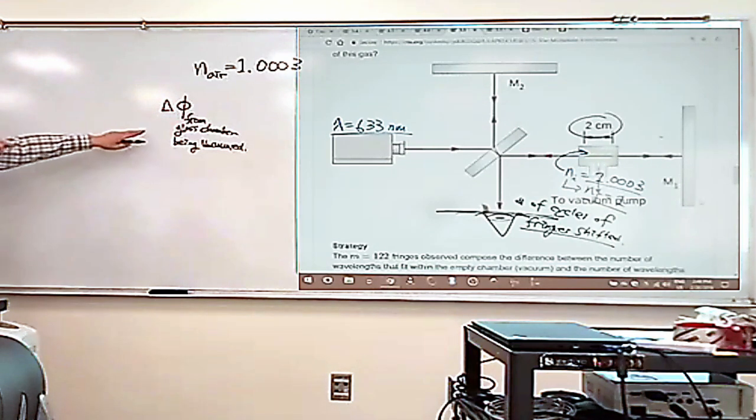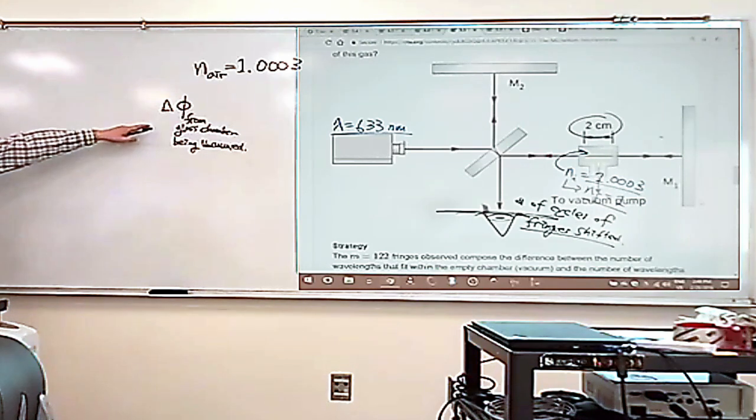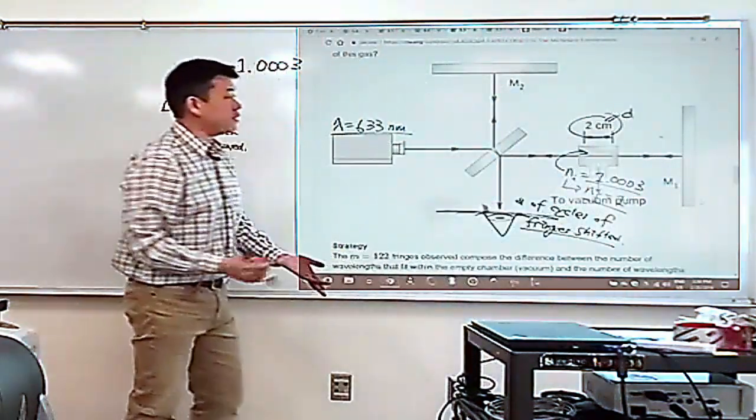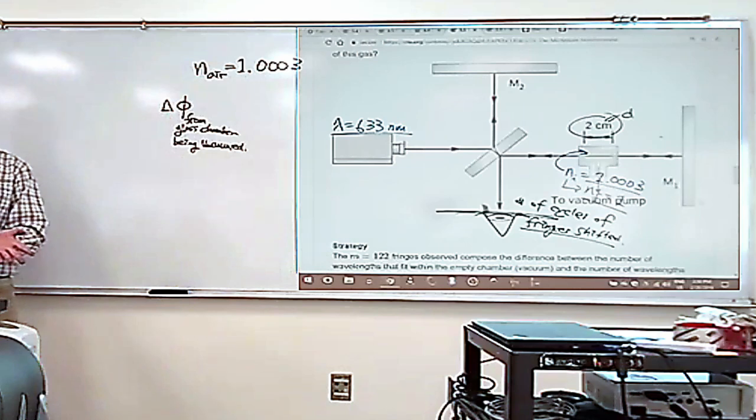I'm looking for phase change, not difference. Okay? So I want to look at it this way. I want to count the number of cycles I had here initially. So I'm actually just coming up with a formula on the spot based on my physical intuition. There's no pre-made formula that I can look up.